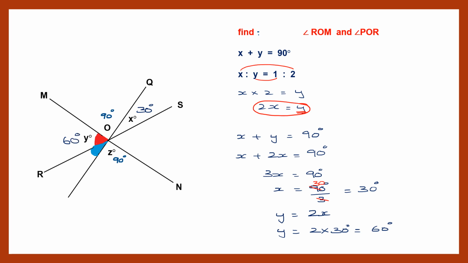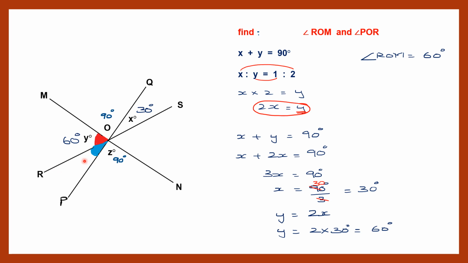So y is 60. So now let's go back to what we've been asked to find. We've been asked to find angle ROM, which is this ROM, and that is 60 degrees. So let's write that angle ROM is equal to 60 degrees. Now we are also asked to find angle POR. Now what is the value of this angle?